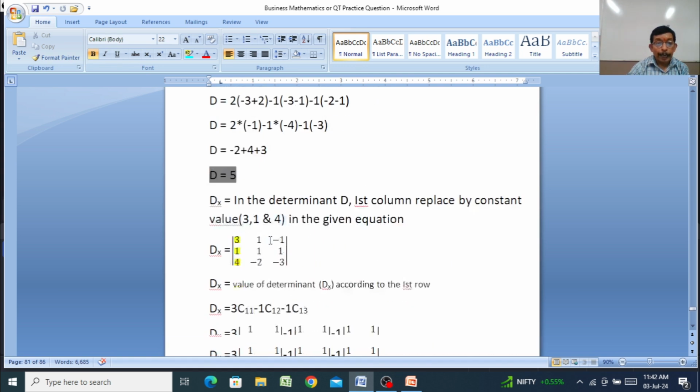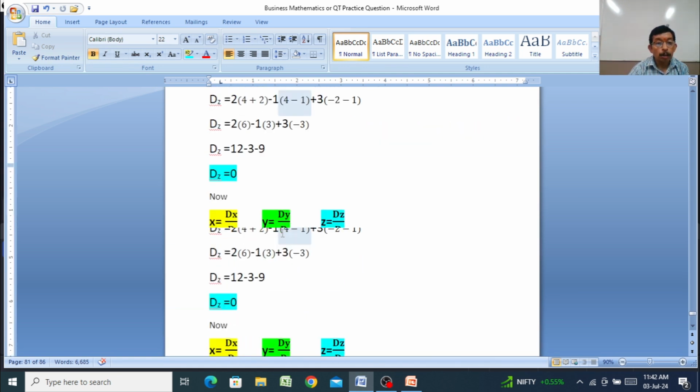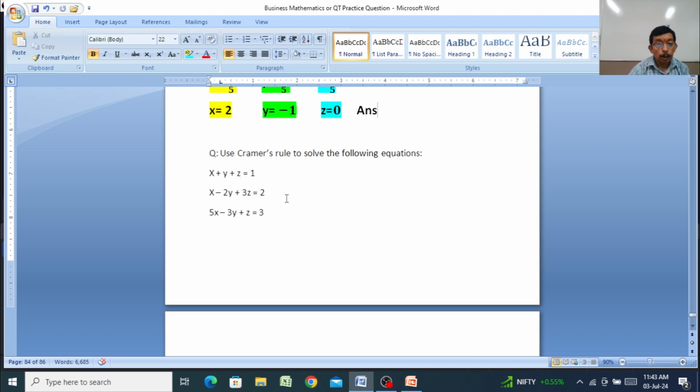Now we come to the next question. Now solve this equation by Cramer's rule. First we note down the equation.